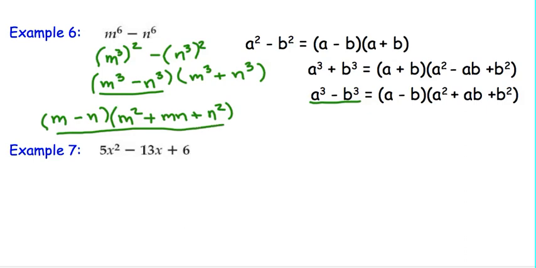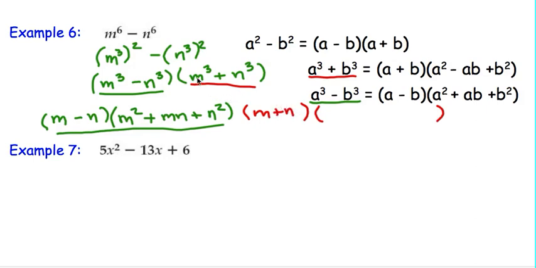Now, to factor the other part, I'm going to use the sum of two cubes, and I'm going to take this and break it up. So I have another small set of parentheses, and then I have a big set of parentheses. And I'm going to take m plus n, because that's like the original problem.